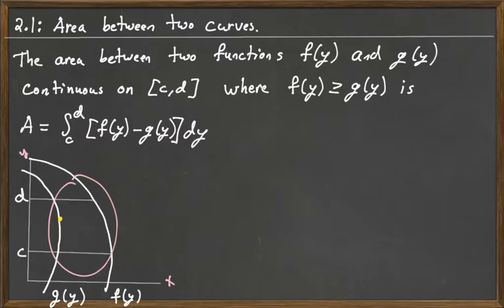Okay, and so we're going to draw our representative rectangles again in this one, but they're going to be going horizontally instead of vertically. So we'll find a random y sub i in here. So here's your y sub i. And so we'll have g of y sub i and f of y sub i.